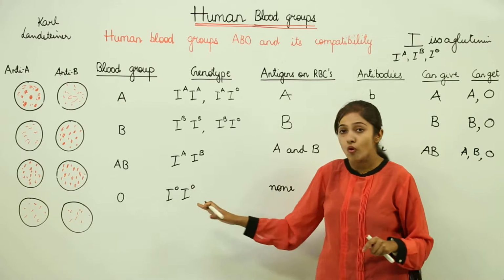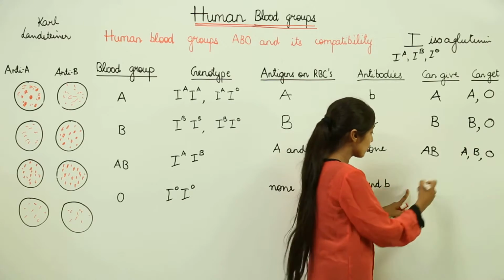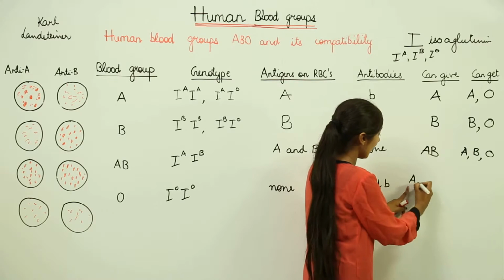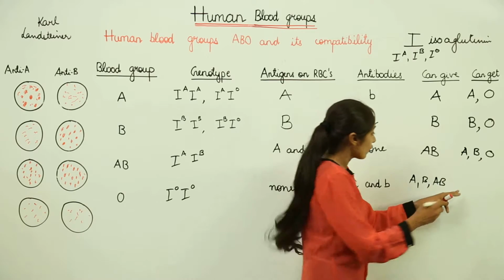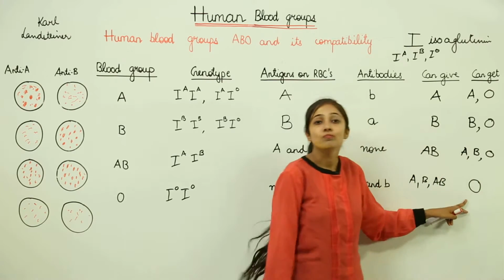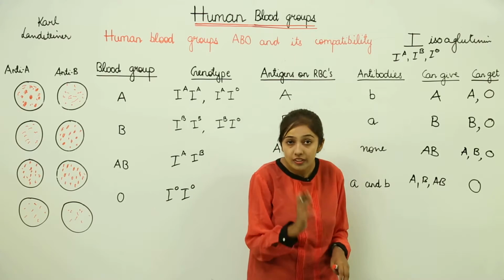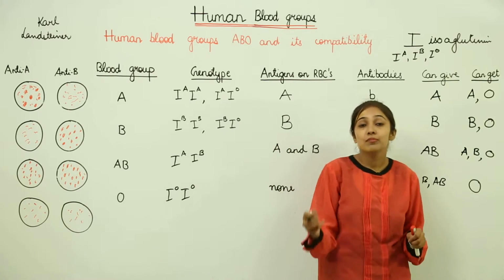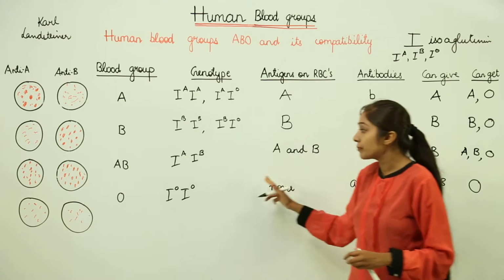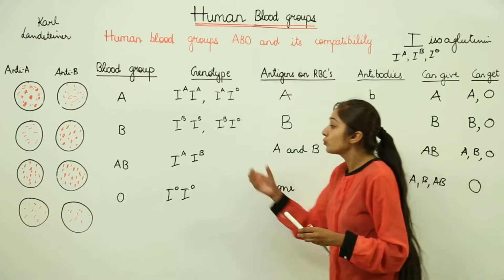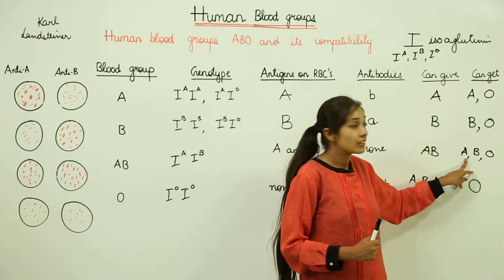Then in case of O, it can give blood to all of them, A, B and AB, but can get blood from only O, right? Why? Because O is universal donor, but can get blood from only O. So just remember that AB is universal recipient, right? Just as we have mentioned, right?